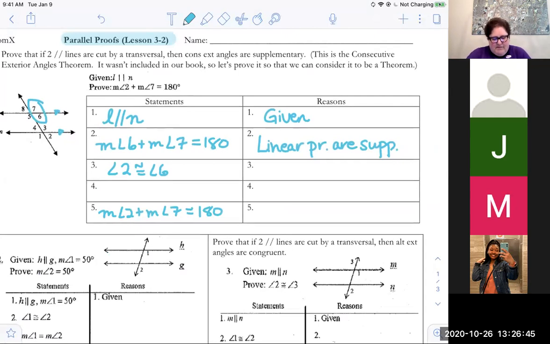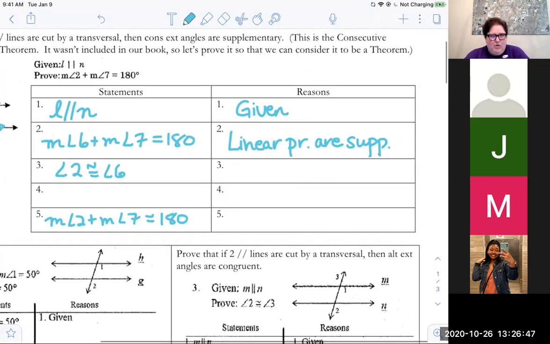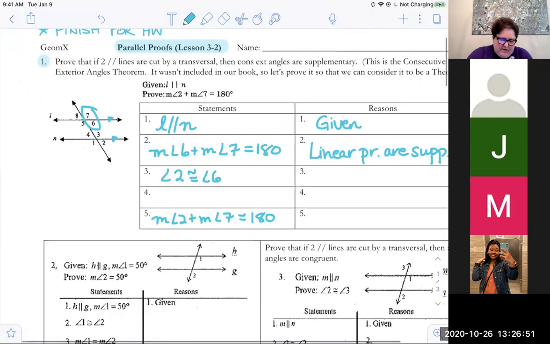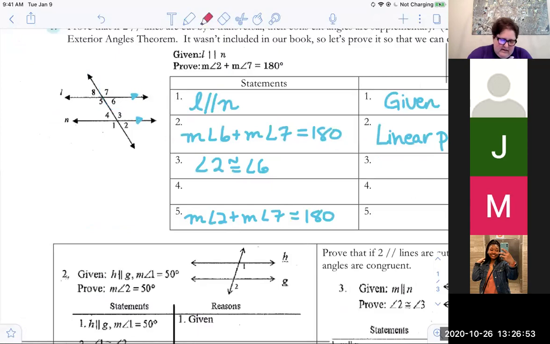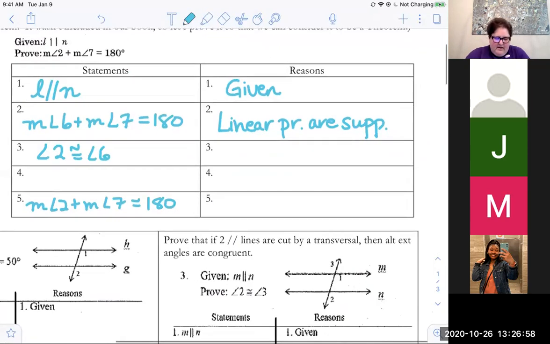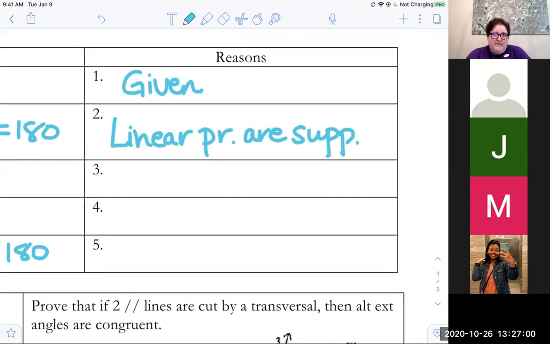Diamond kind of said it, but maybe not the whole statement in one fell swoop. So we're saying corresponding angles. You have to write an if-then, because it's only true if the lines are what? Parallel. So if lines are parallel, then corresponding angles are congruent.